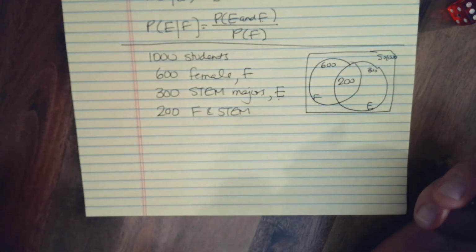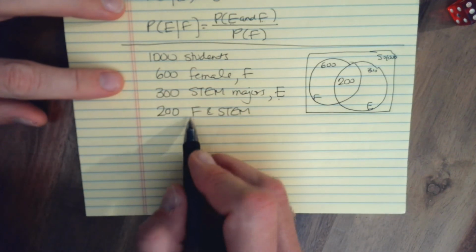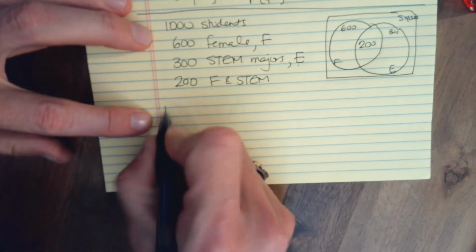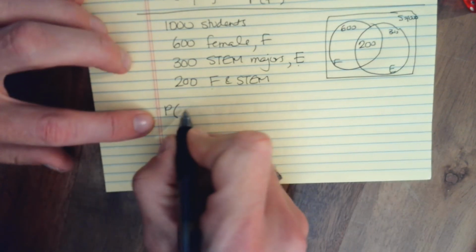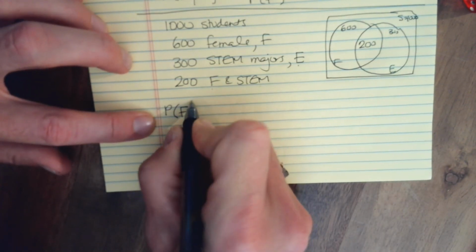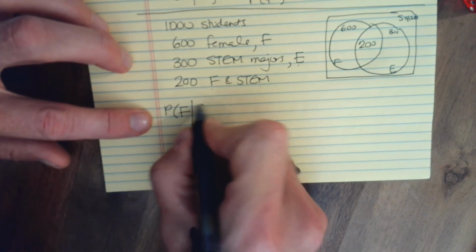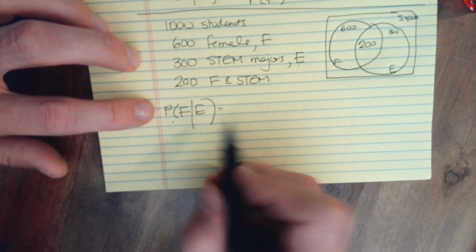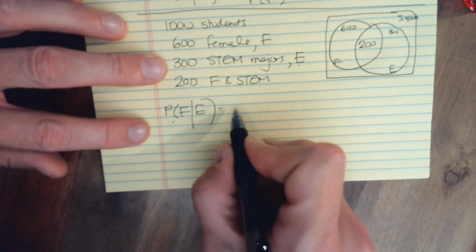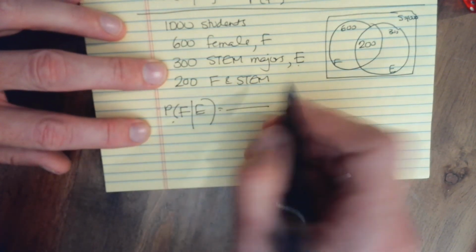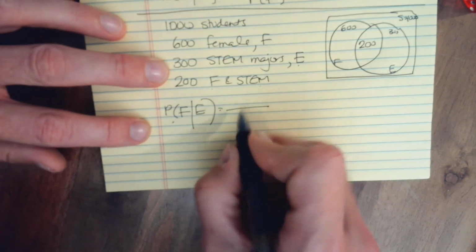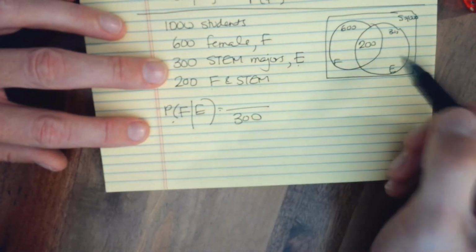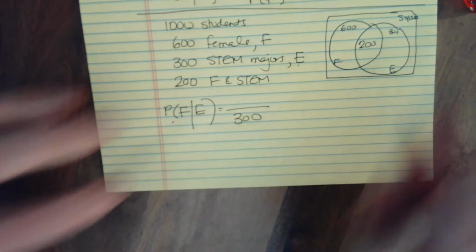All right, so let's talk about some of the conditional probabilities that we can construct using this information. What if we want to know the probability that you would select a female student given that you have selected a STEM major? Well, knowing that we've narrowed our options down to STEM majors, the pool from which I can choose has been narrowed from 1,000 down to just 300.